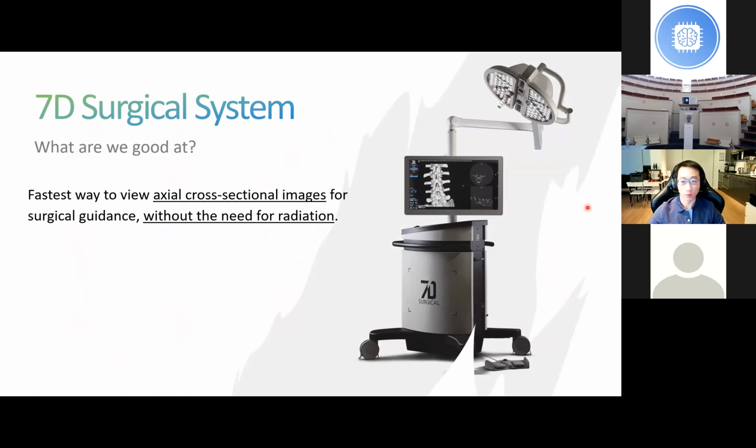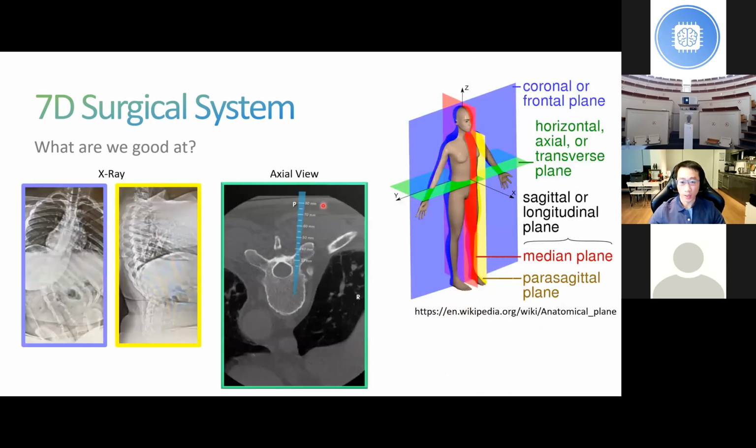Cross-sectional images without radiation. With image-guided surgery, this system is used to guide the surgeon by telling them where an instrument is. For example, this is the pedicle probe. These are cross-sectional images of the spine. With X-rays, you have these different planes, which we're pretty familiar with. Coronal planes you can get from X-ray fluoro, with the tube and detector on either side, the back and front of the patient.